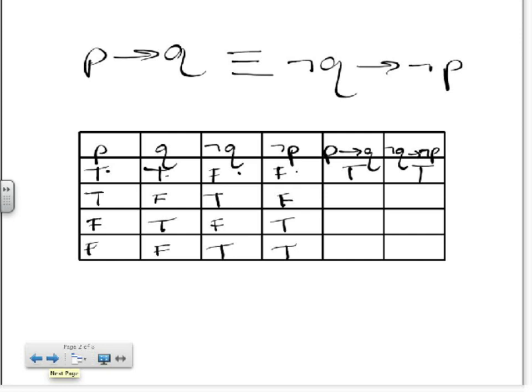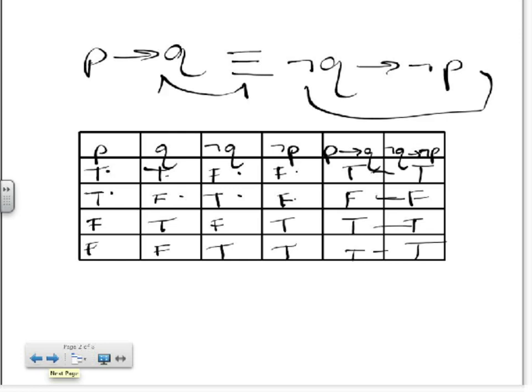The only time these could be false is when the first value is true and the other value is false, so both of these are false. If you look at the other values, they all satisfy the implication, so true. Now, the truth table values are all the same: true and true, false and false, true and true, true and true. So that pretty much proves exhaustively that the contrapositive of a statement is equivalent to the initial implication.